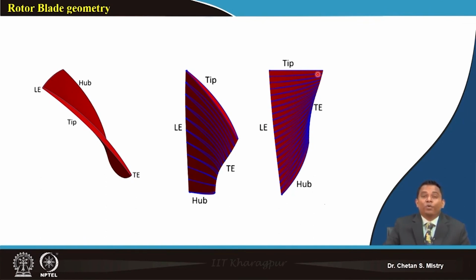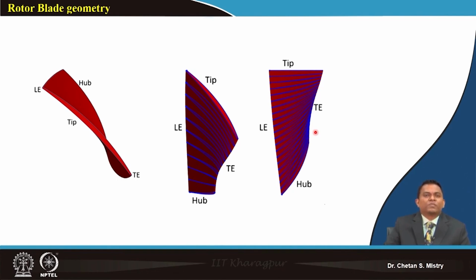Now if you look at this blade, you must realize that whichever blades we look at, high bypass ratio fan or low bypass ratio fan, they have a three-dimensional funny shape. And just realize that shape has come by design. Just understand that, it is not because it looks nice, but it has come by design.